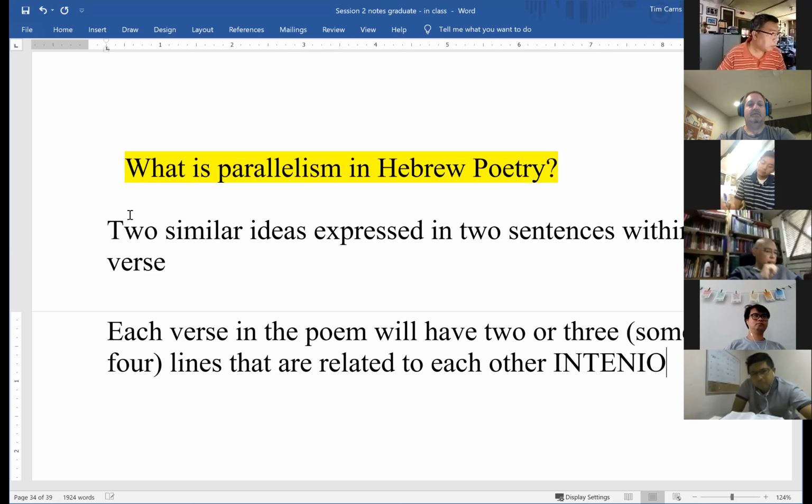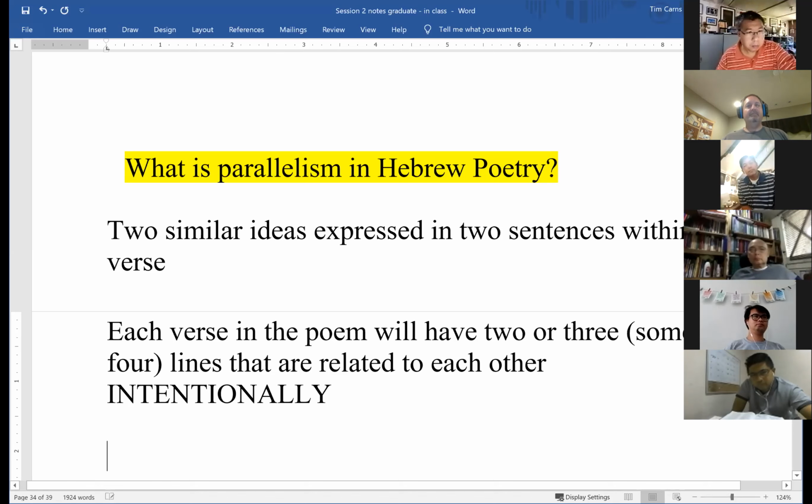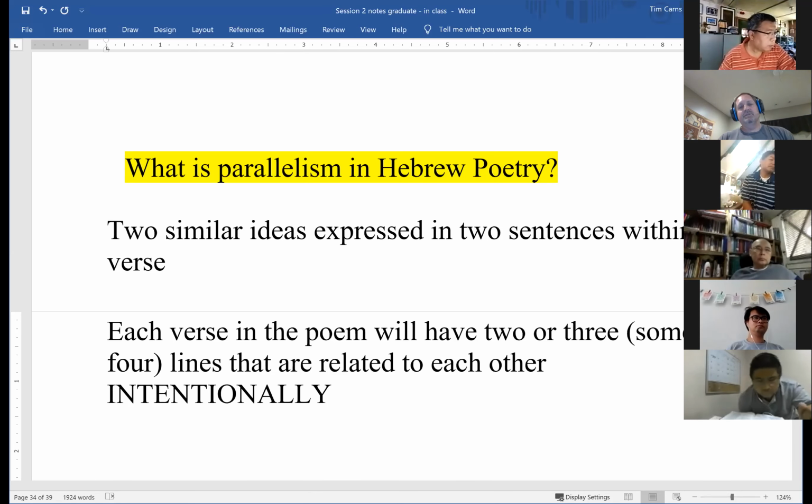What I mean by that is that within each verse, one of the elements the author of Hebrew poetry uses is matching or connecting each line within the verse. So there's an intentional connection or relationship between those lines within each verse.